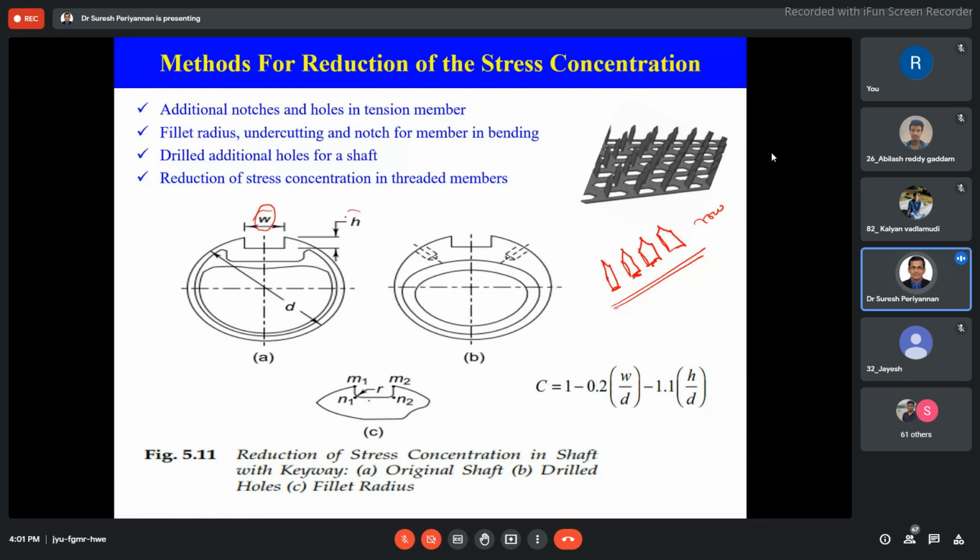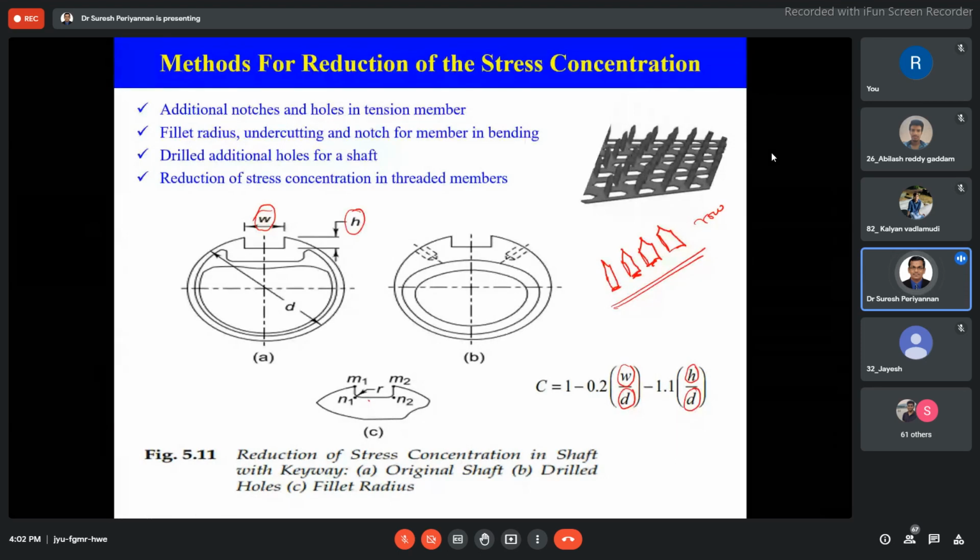This way he also defined the C value: C is equal to W by D, where W is the width of the key, D is the diameter of the shaft, and H is the height of the keyway. This way we are able to define the C value.